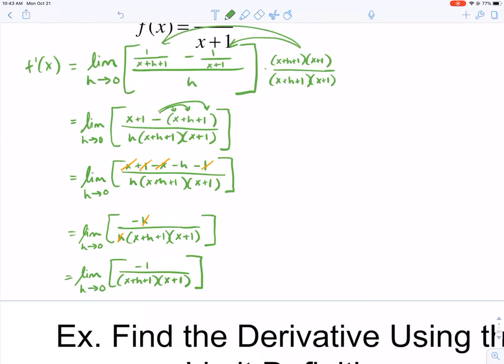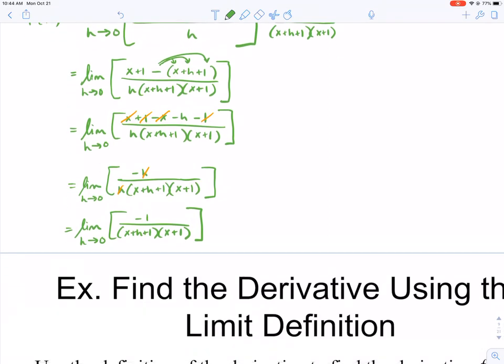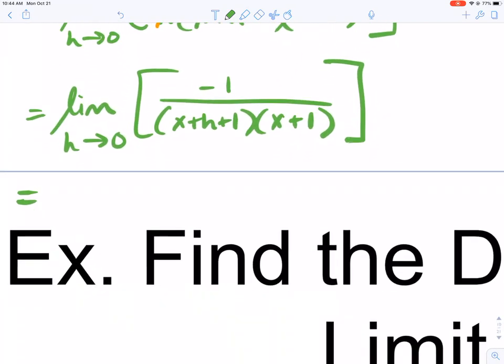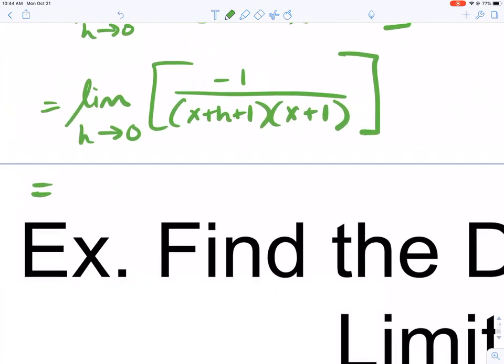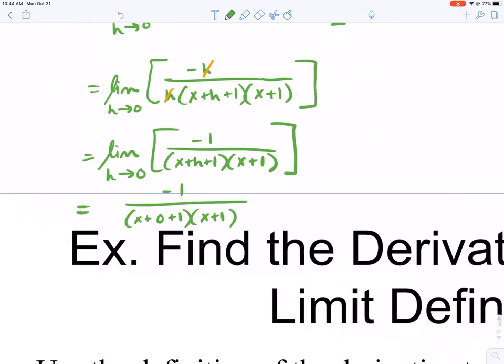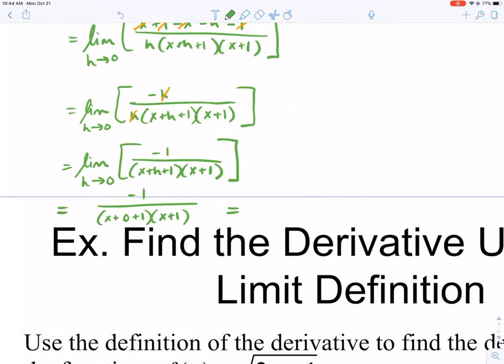And again, running out of room. So using direct substitution, we'll have -1 over x plus 0 plus 1 times x plus 1, which simplifies to be -1 over x plus 1 squared.